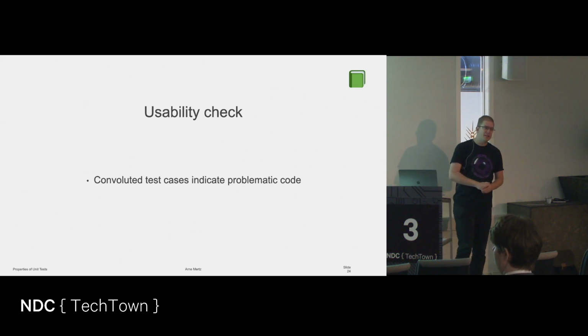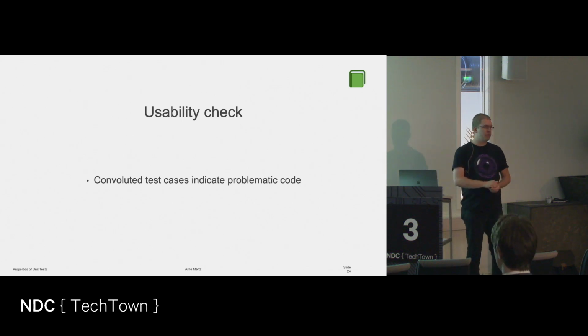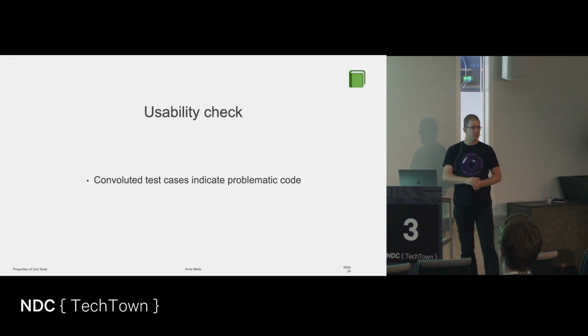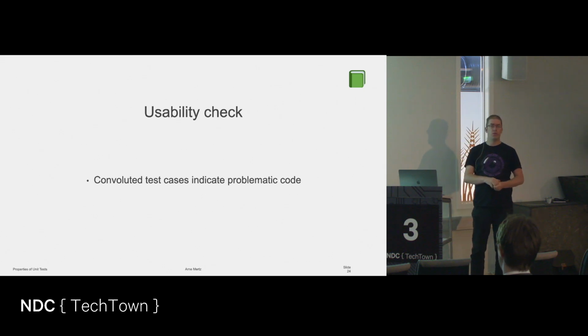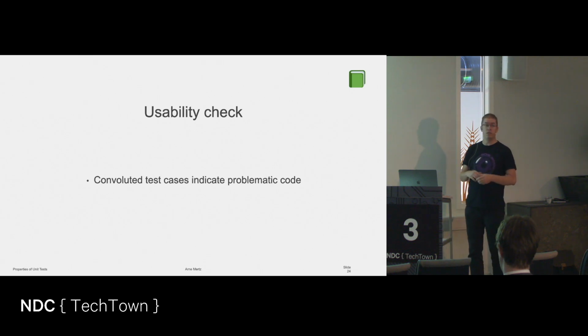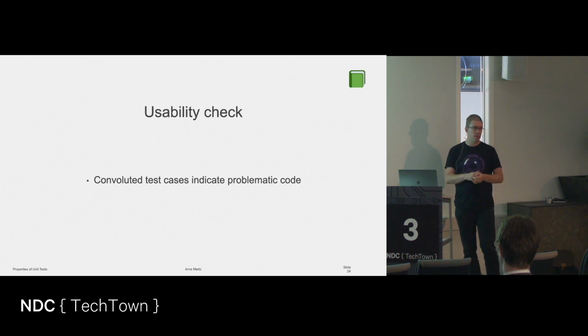Writing test cases can be a usability check for your classes or for your functions, because if you have to write really convoluted stuff for your test case to test something, there may be a problem in the usability of your class or of your unit overall.